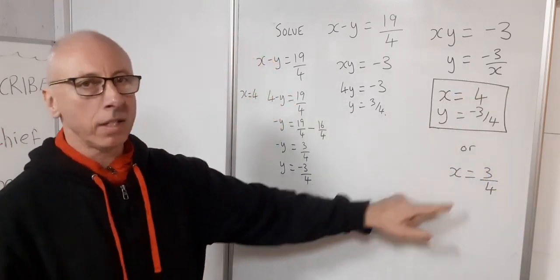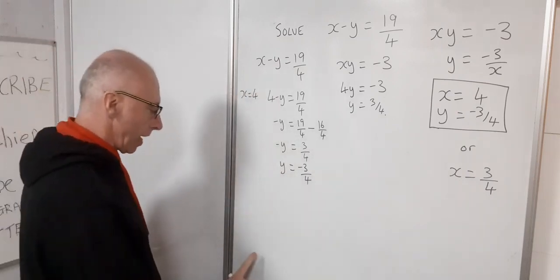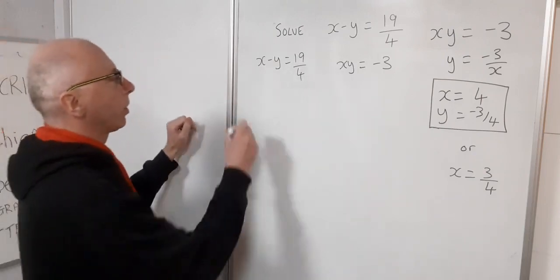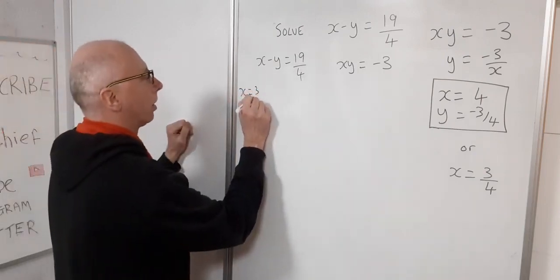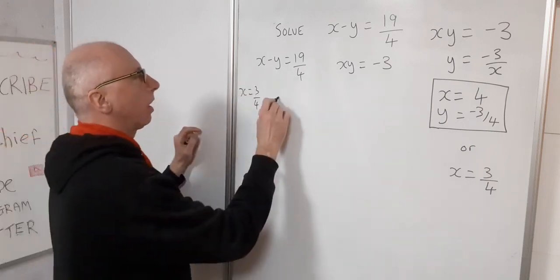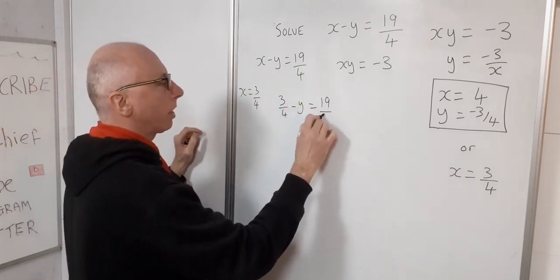Now I need it for x equals 3/4. So let's clear this off the board and let's check what we can get for that. Okay, now let's try for x equals 3/4. Substituting 3/4 for x into here, I've got 3/4 minus y equals 19 over 4.